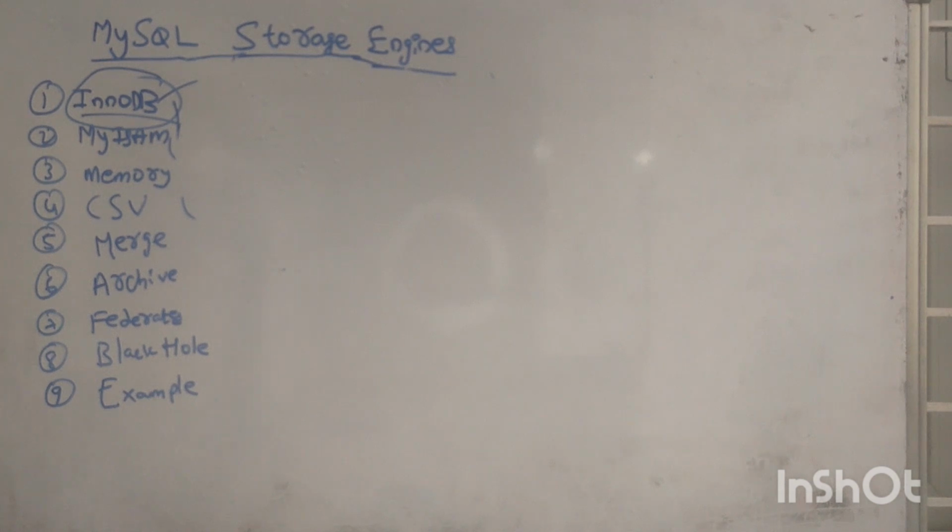MyISAM is a non-transactional storage engine, and it is a very fast storage engine because it doesn't follow any ACID properties. So it doesn't need to check any ACID properties.